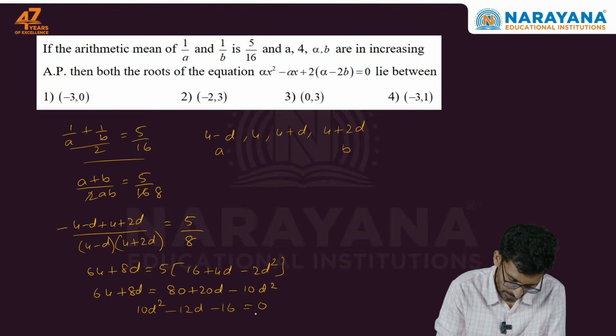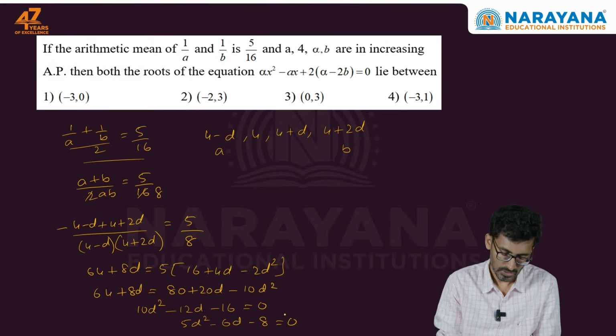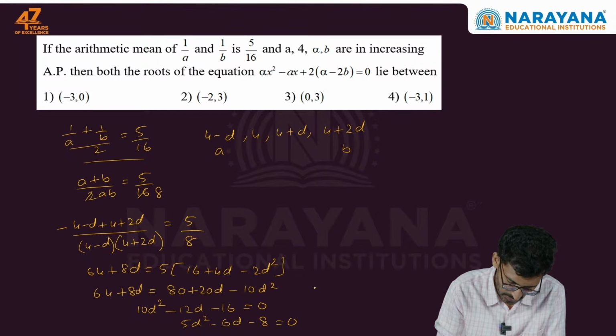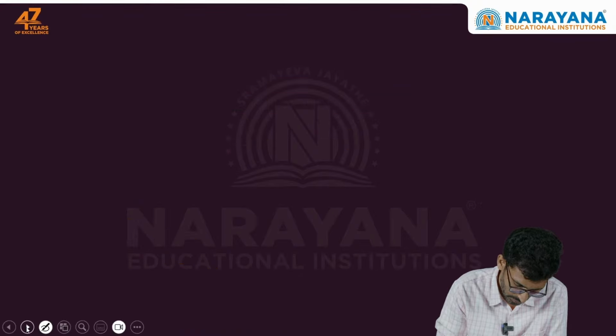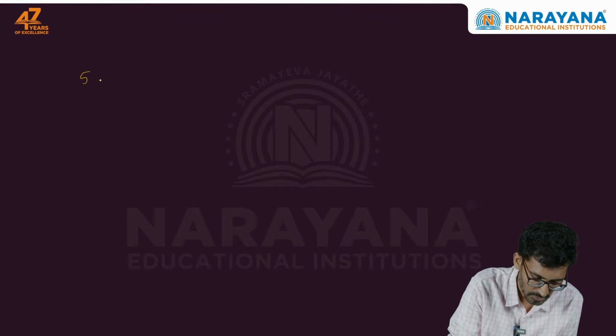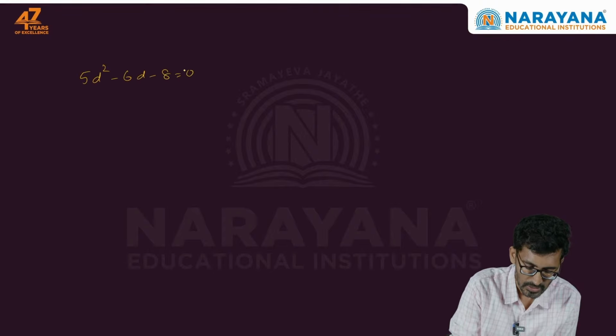So here I can take 2 common: 5D square minus 6D minus 8 is equal to 0. So we are getting this equation, and from this I will find the value of D. The equation we got is 5D square minus 6D minus 8 is equal to 0.